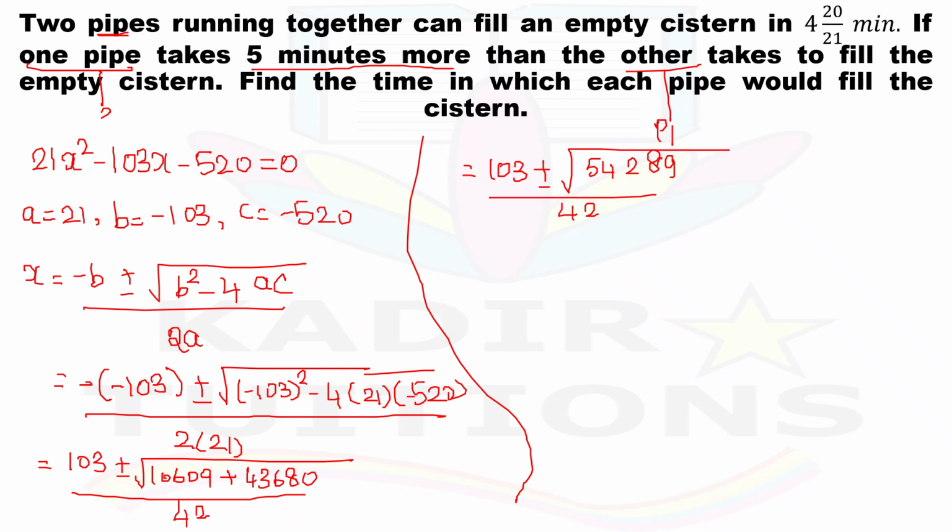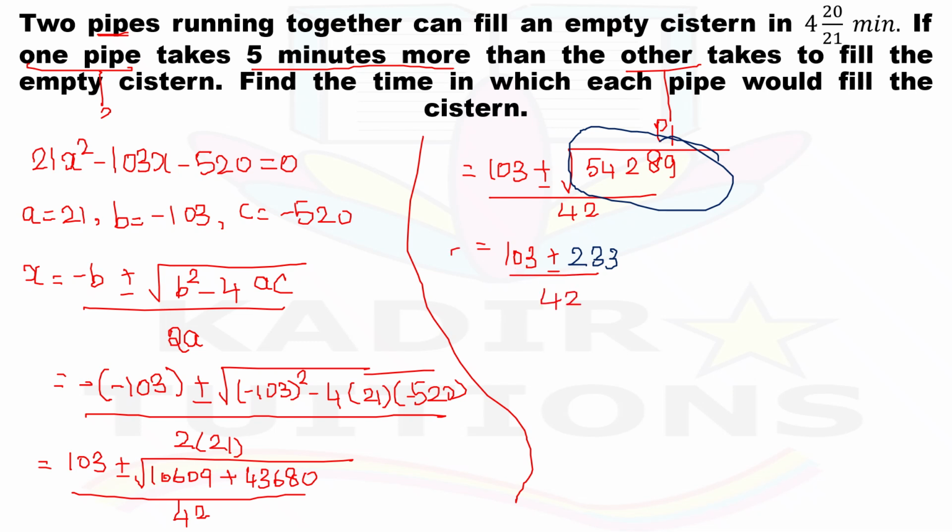Okay, so next, in the next step, we'll just put 103 plus or minus. So if you simplify this square root of 54289, we will be getting the answer as 233, and we can continue further, divided by 42.